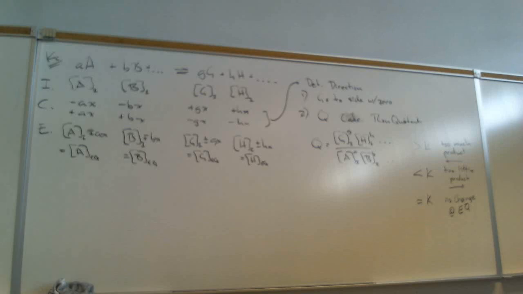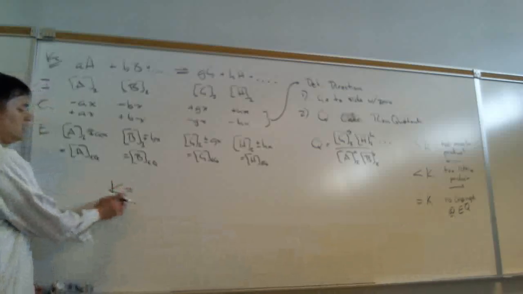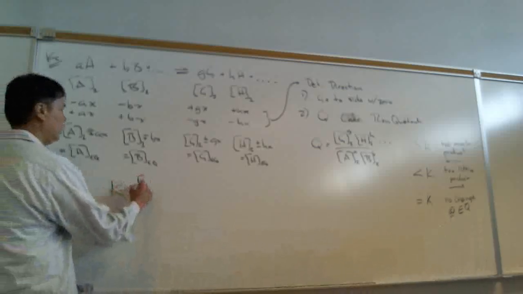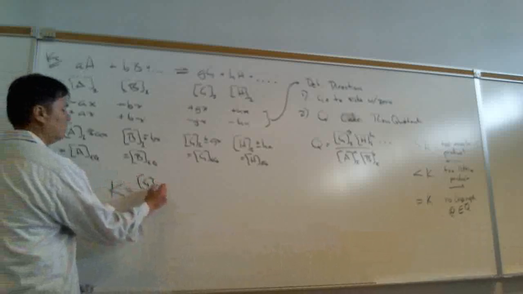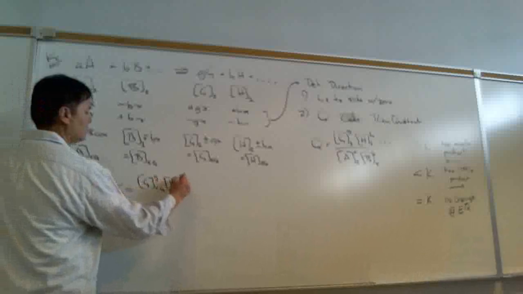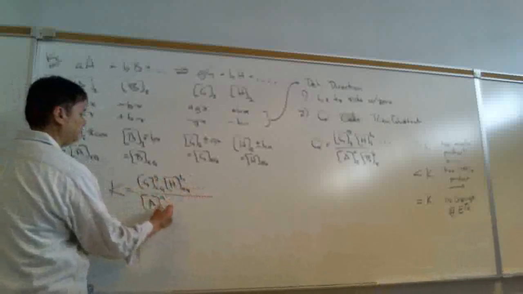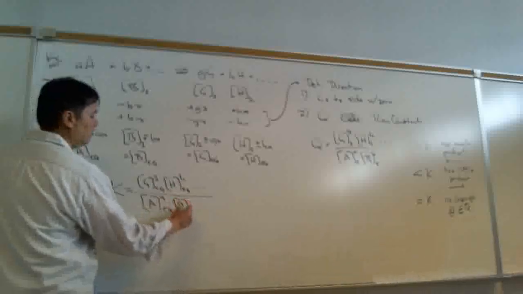And there is. The other thing we're going to use as a tool to solve these problems is the K equation. The K equation is going to be G at equilibrium raised to little g, H at equilibrium raised to little h, divided by A to the a and B to the b.